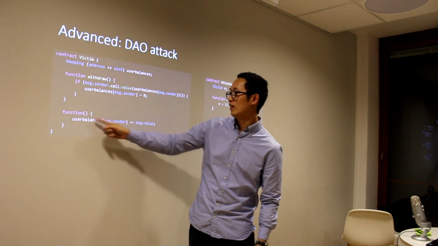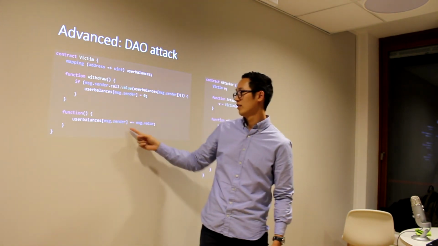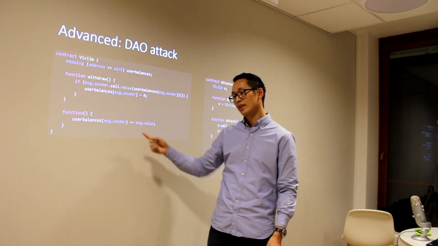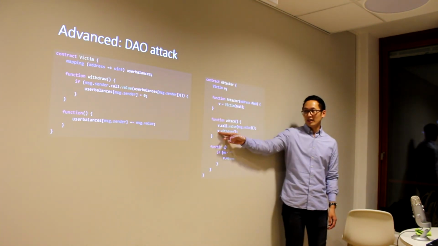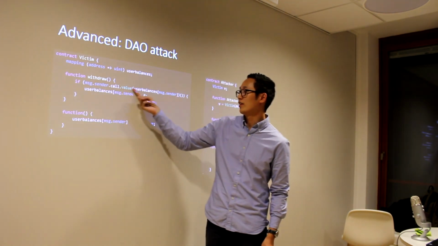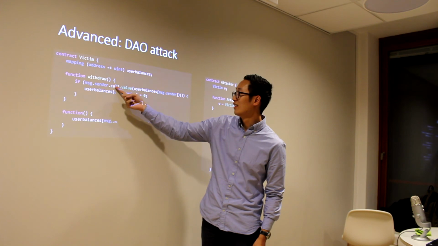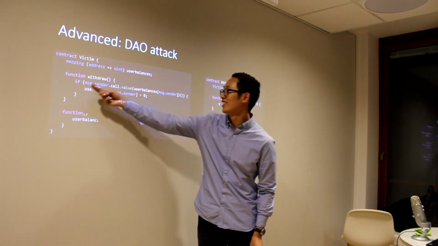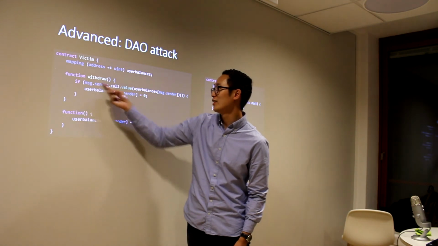here, and you will store an entry in the hash table of how much balance this user has, and then you will call the withdraw. Boom, we go here, and this will call a contract. Message sender is now a contract, not an Ethereum wallet.